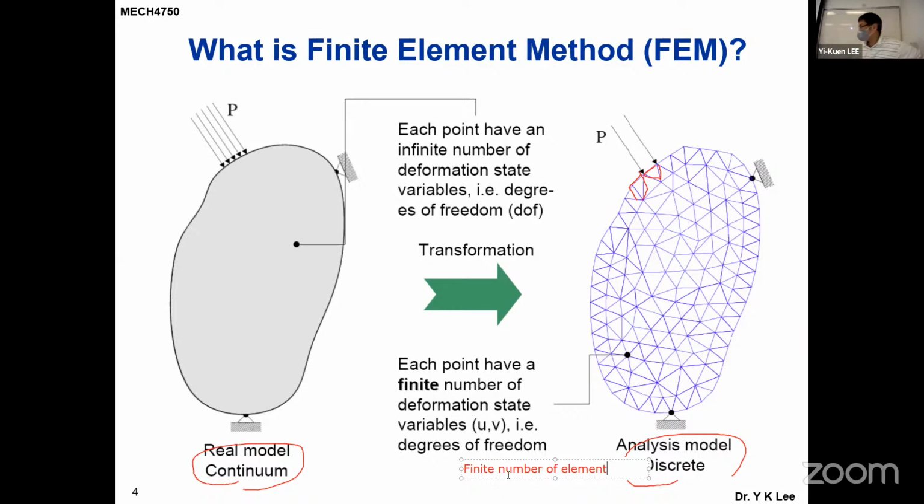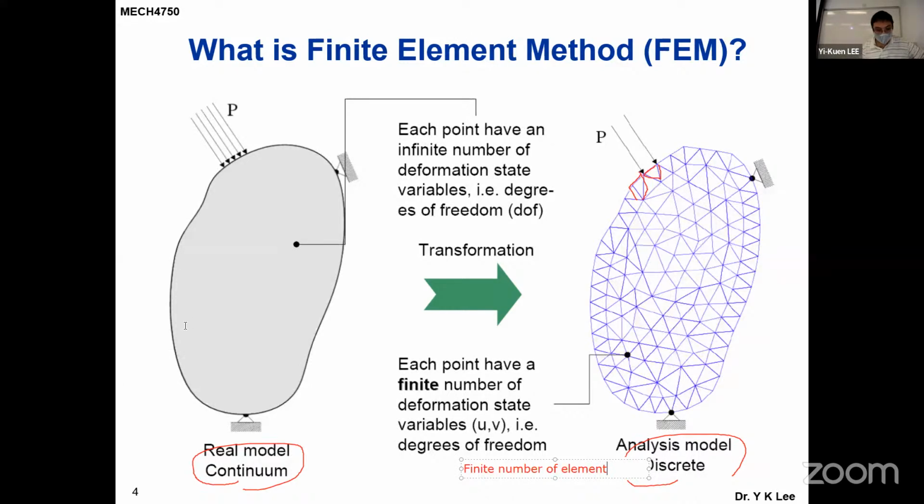One thing is discretize. What does it mean? That means we turn a very complicated mathematical problem, like a partial differential equation, into an ODE. That is something much easier that we can solve.